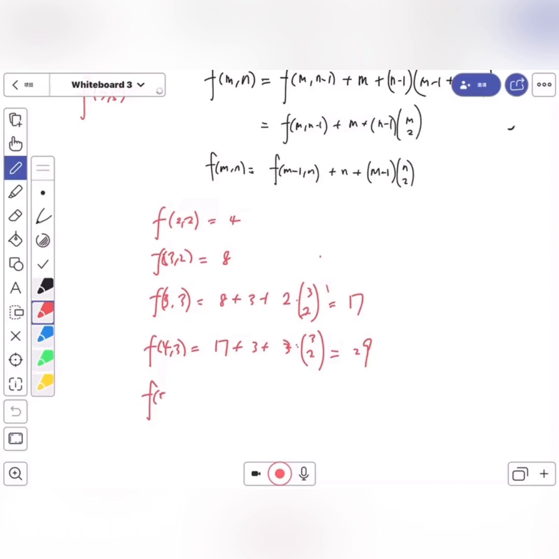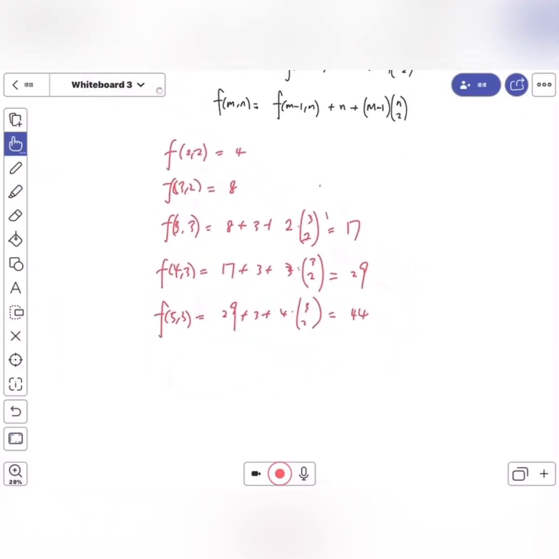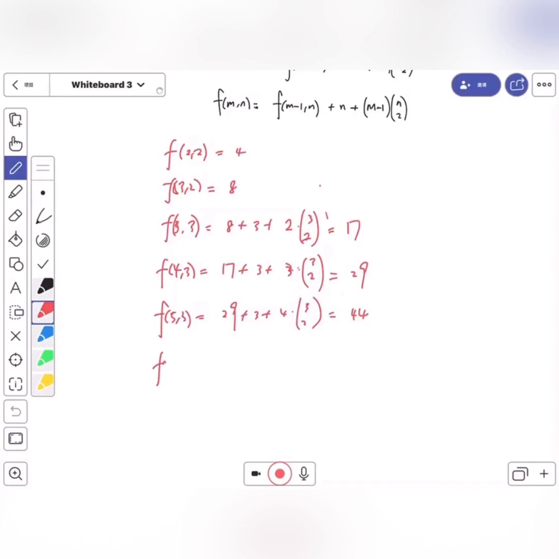Now f of 5, 3 is just equal to 29 plus 3 plus 4 times 3 choose 2, which is equal to 44. f of 6, 3 is equal to 44 plus 3 plus 5 times 3 choose 2, and this gives us 62.